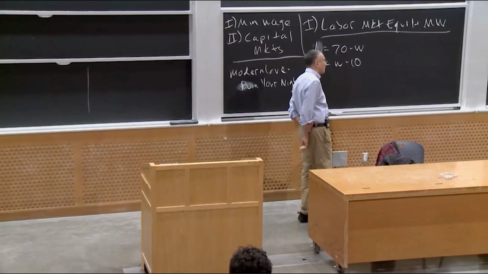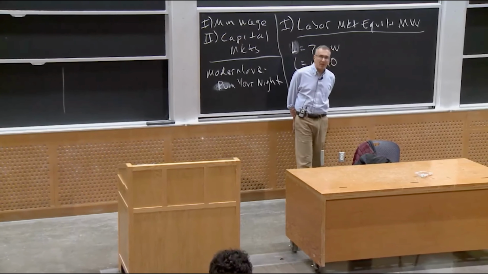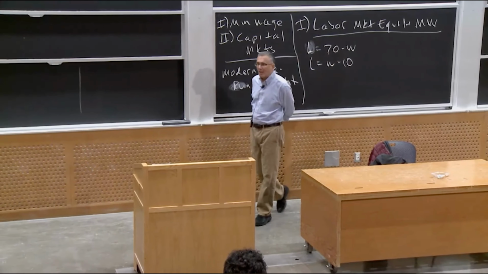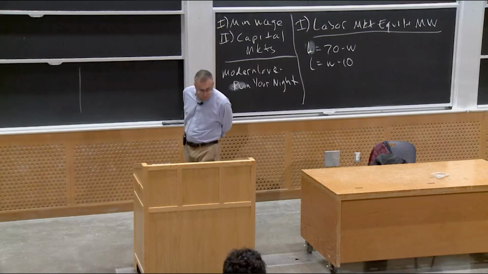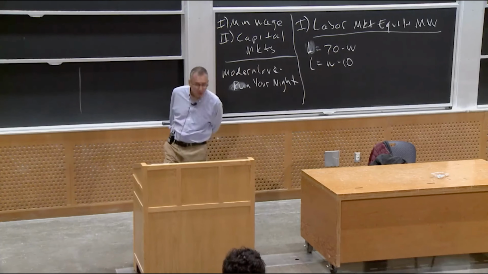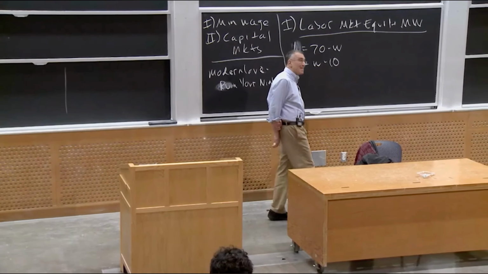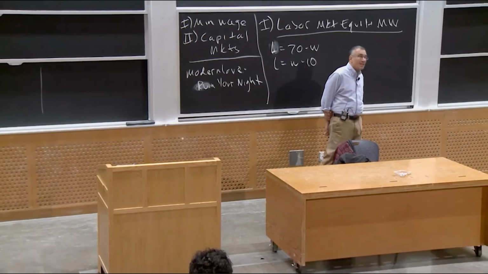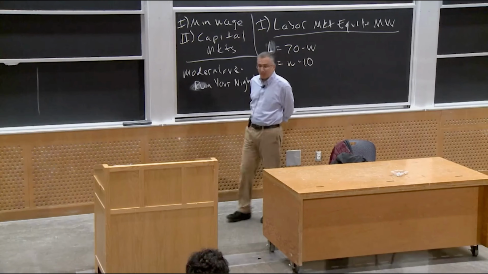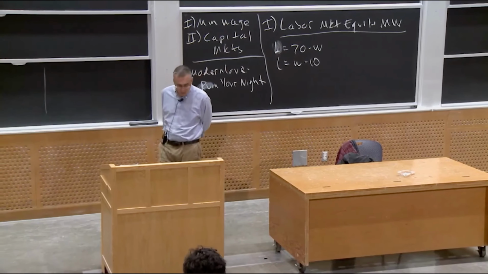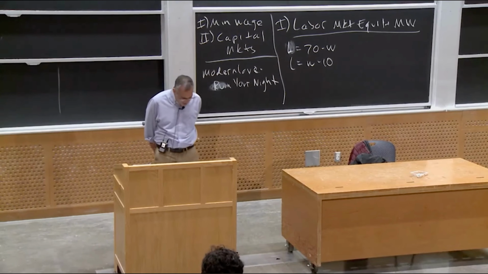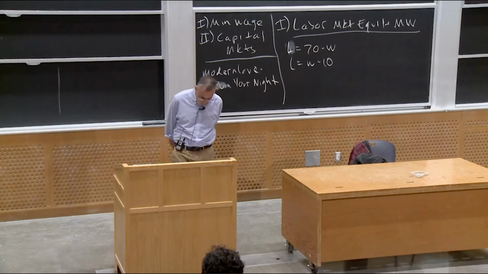But in fact, there's lots of studies which say that's not true. Demand for labor is not perfectly inelastic. So that can't be the explanation. So we've set an alternative explanation, which is that just like goods markets can be non-competitive, labor markets can also be non-competitive. And so we think the explanation is non-competitive labor markets.